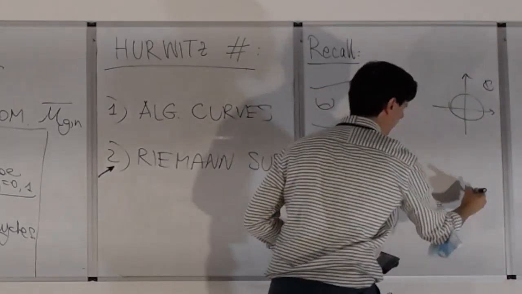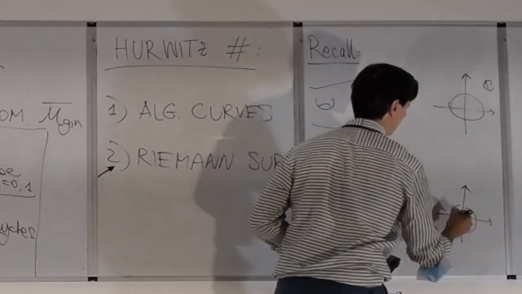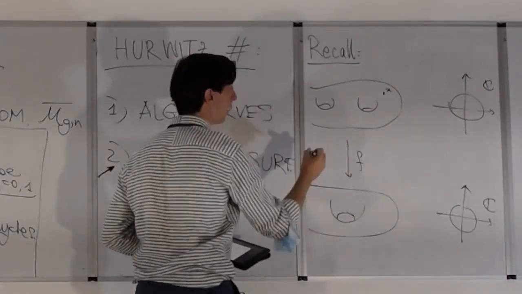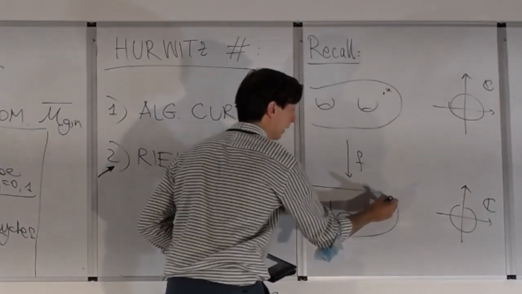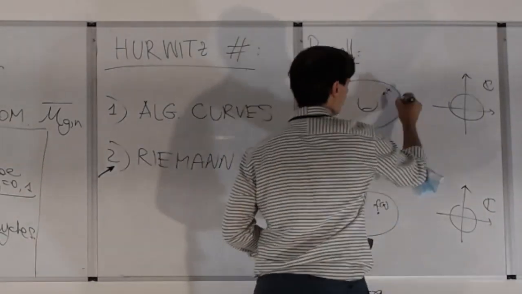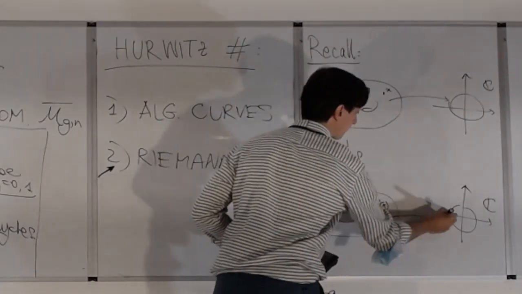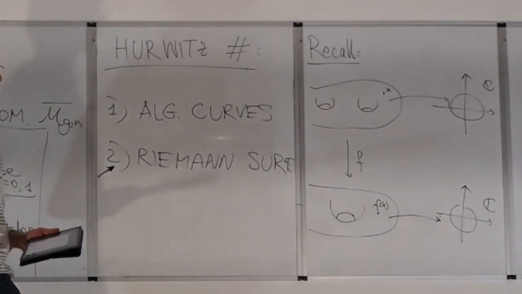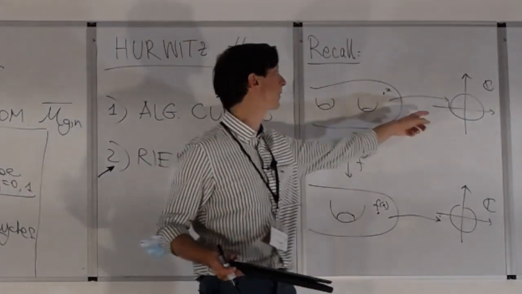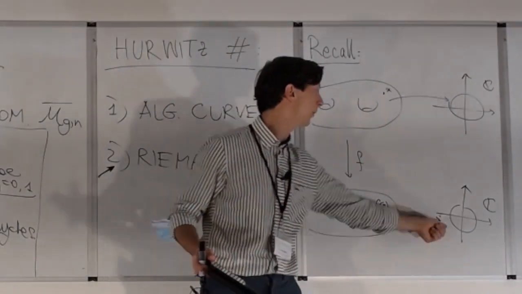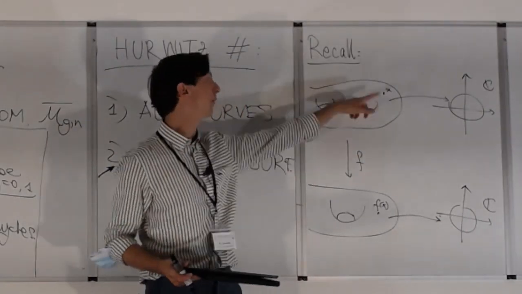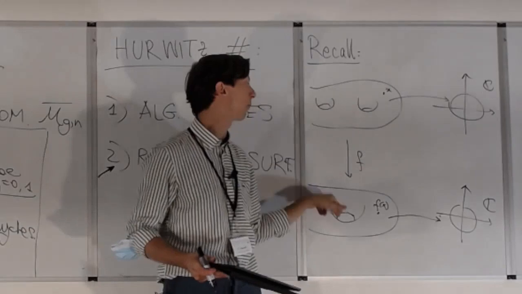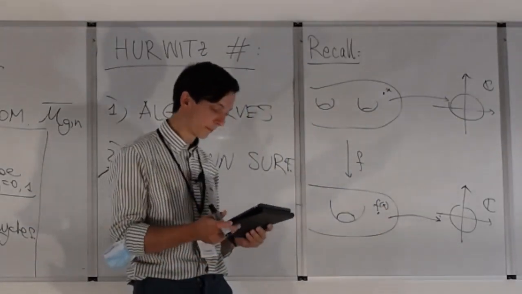You have C here, and you have C here. You take a point x, and you have this map f. So you look at here, you'll have some point f(x). And then you have your transition maps. And then you declare that the map is holomorphic at the point x whenever you can take the inverse of that chart, go down, go here, and this is holomorphic. And then you define the same thing in a neighborhood of every point, and then you say that the map is holomorphic if it's holomorphic near any point.